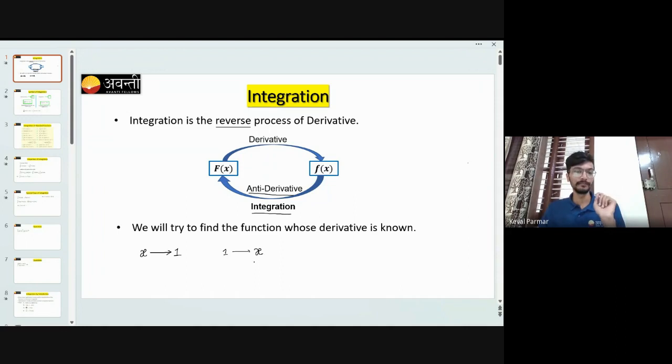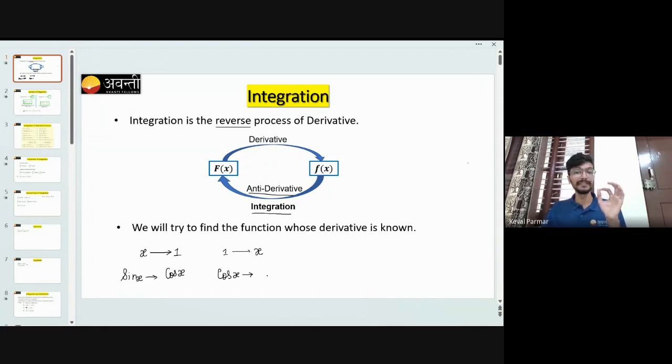Let's try one more time. Suppose sin x. If I differentiate sin x, I will get cos x. So if I integrate cos x, I need to think which function's derivative will give me cos x.